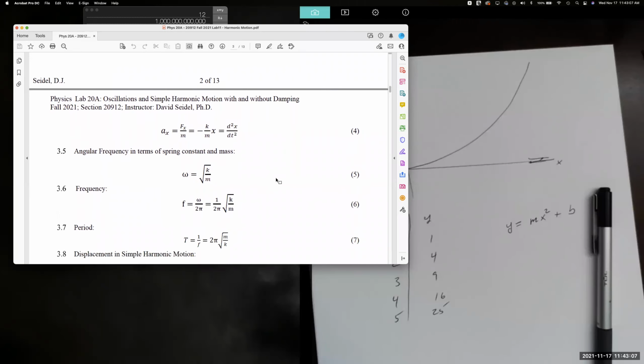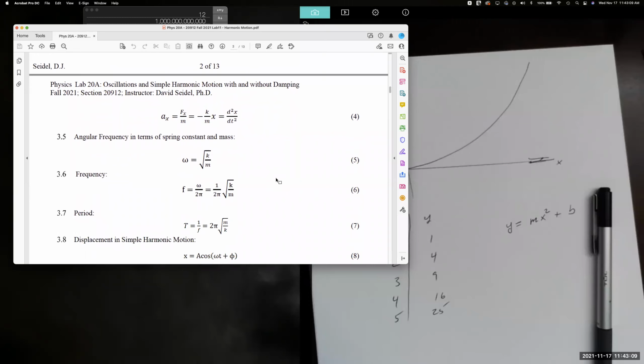Now, x has our amplitude in it, as when we do the full displacement in harmonic motion or simple harmonic motion. So f, which is omega over 2 pi, is 1 over 2 pi root k over m, or T is equal to 2 pi times the square root of m over k. All very convenient things to have.